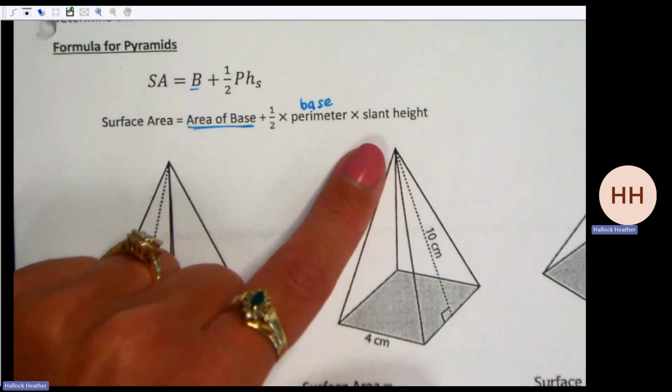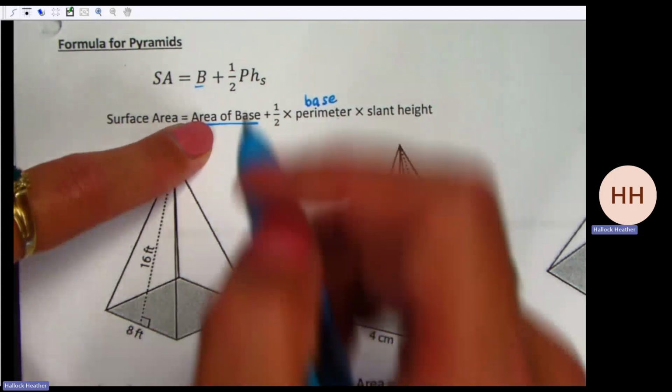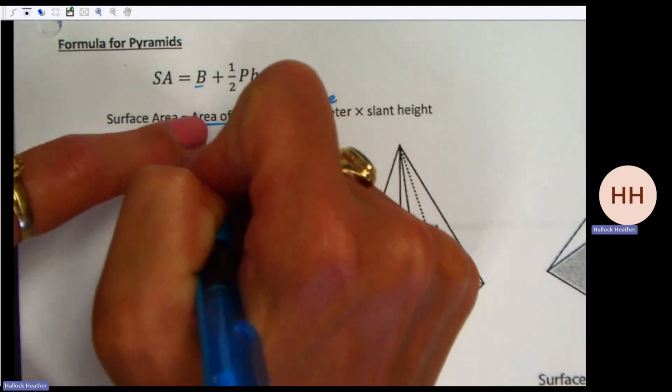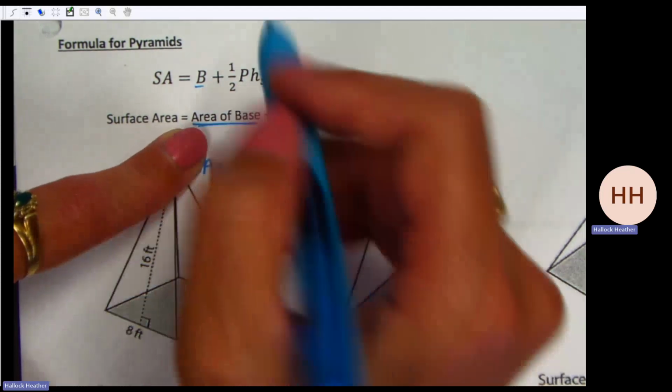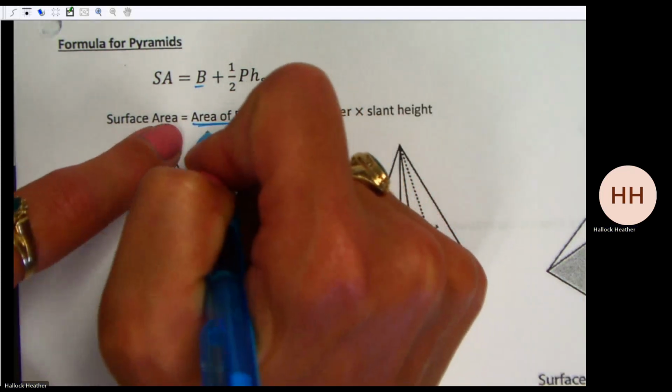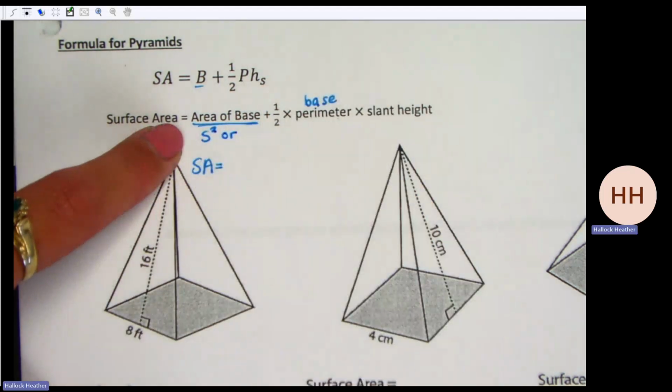So we're going to plug in our numbers. What shape is my base, first off? It's a square. How do you find the area of a square? Okay, so you could square it quite literally. You could say S squared because it's side squared, or how else can you find the area of a square?